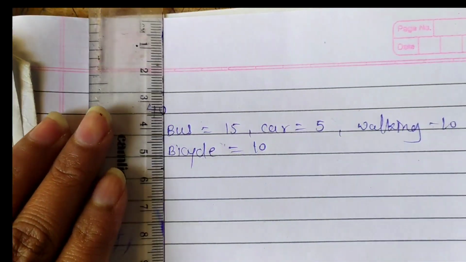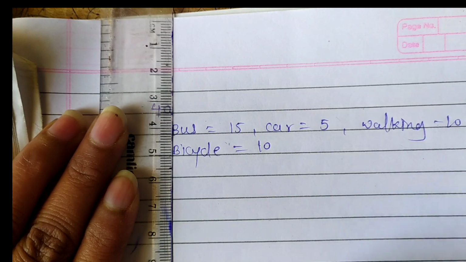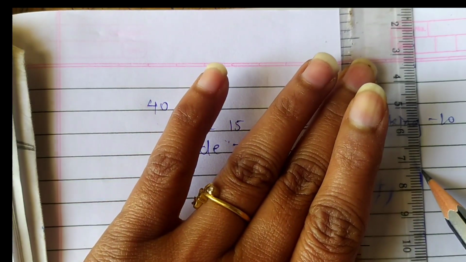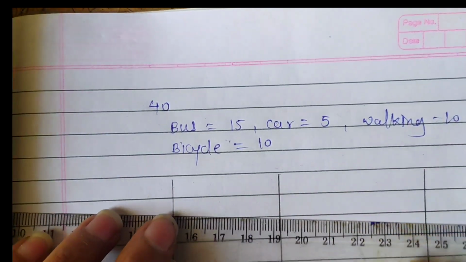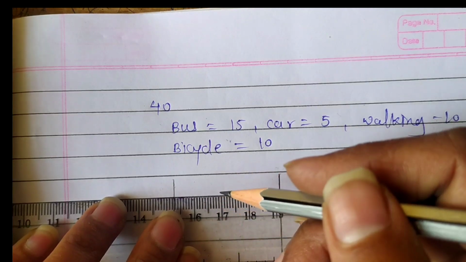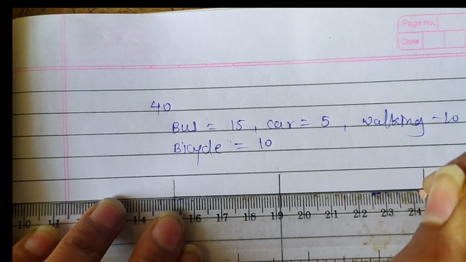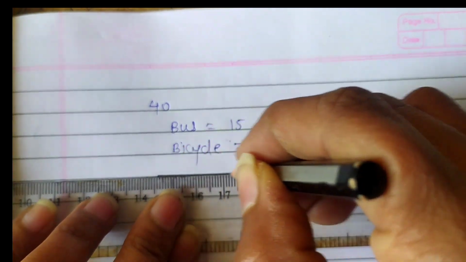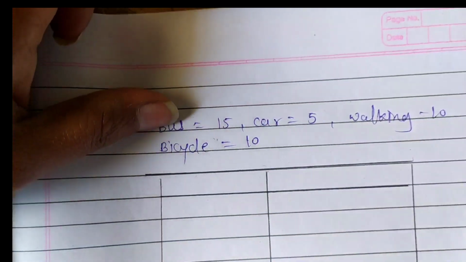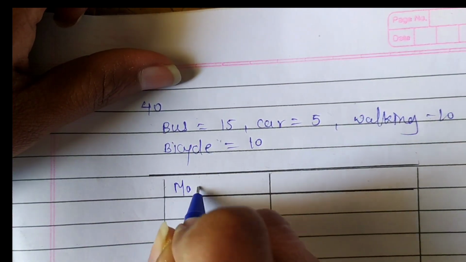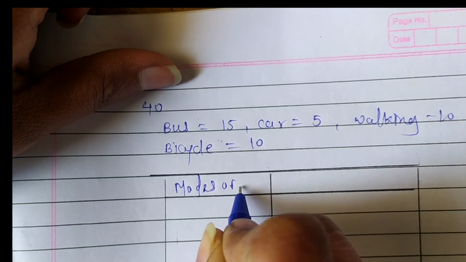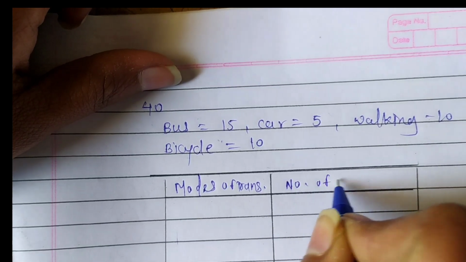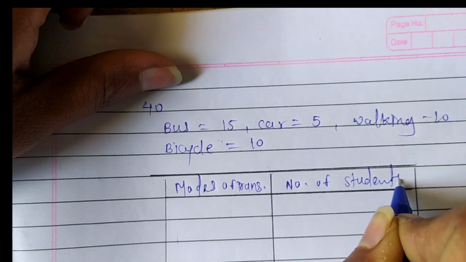I am going to make 2 columns: modes of transport and number of students, or children.